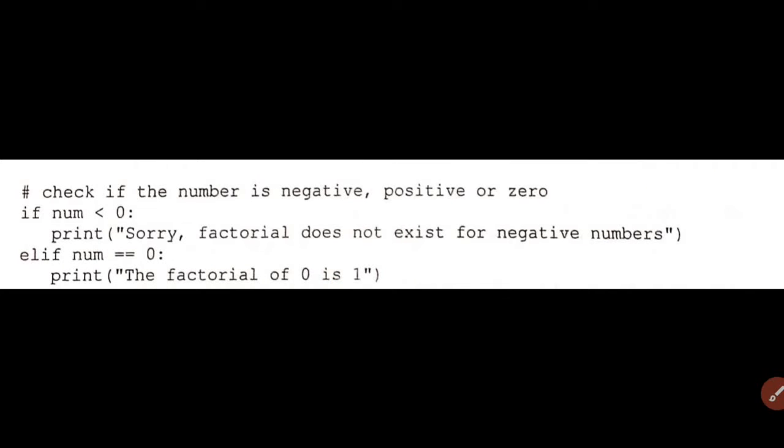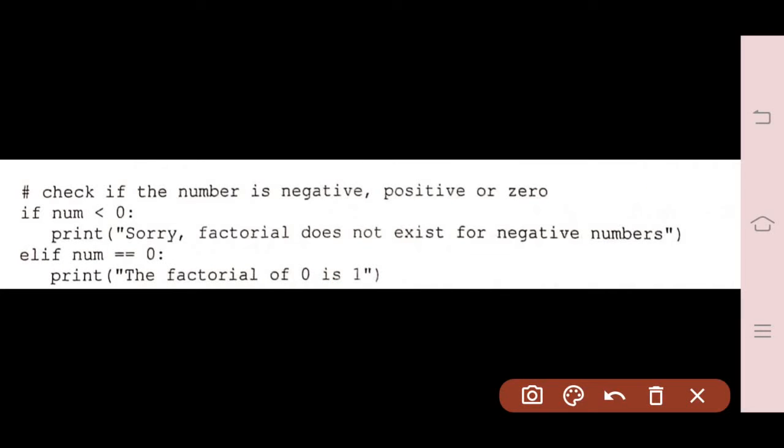Step 2. Here in step 2 we have to check if the entered number is negative, positive or 0. First you have an if condition, if num less than 0, which means a negative number. For negative numbers there is no factorial, so we will get, sorry, factorial does not exist for a negative number.